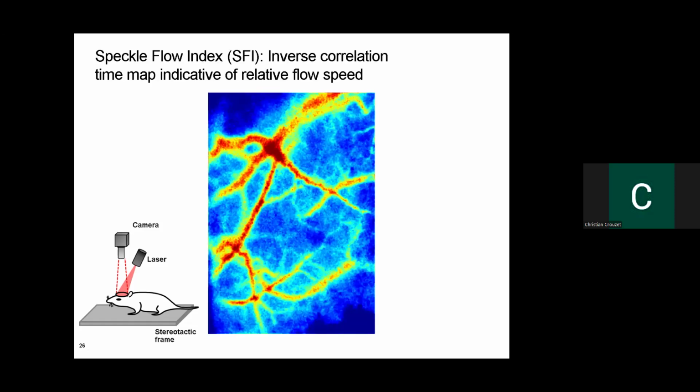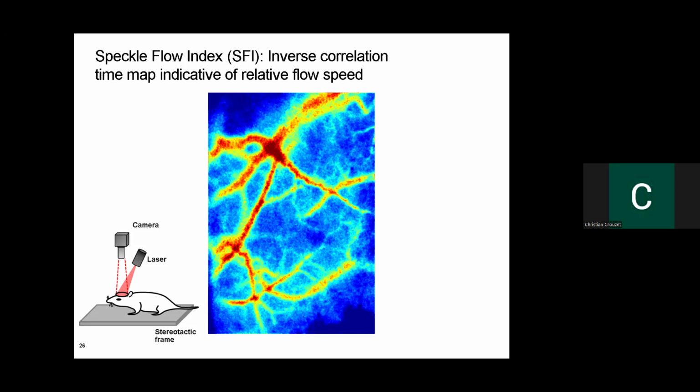And then what we normally do is that we convert the speckle contrast to a term called speckle flow index, which is inversely related to the correlation time, and it's proportional to relative flow speed. So in this image, areas that are red have higher flow, and areas that are blue are lower flow.